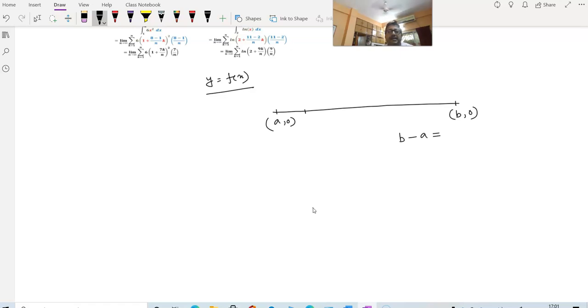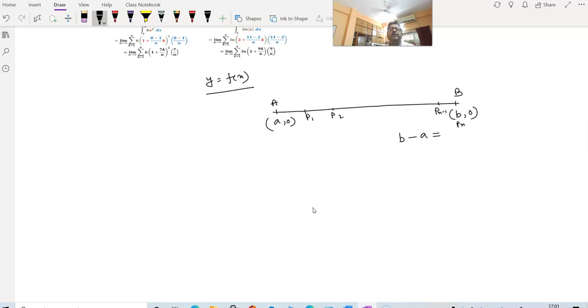N intervals are there. This is a, this is b, this point is p1, this point is p2, and so on, this point be p(n-1) and this point be pn.